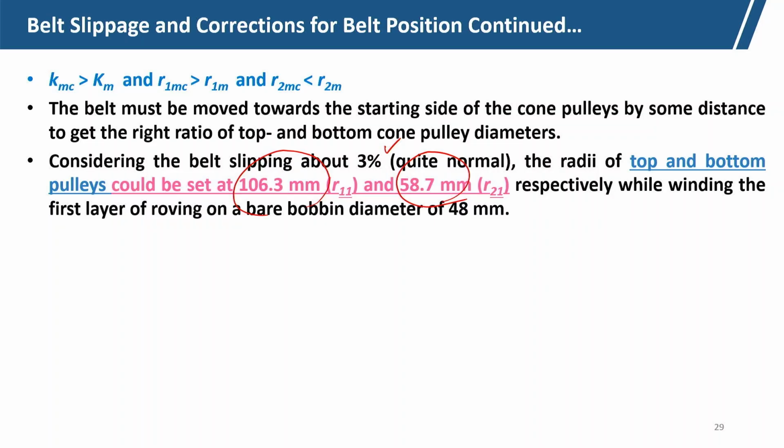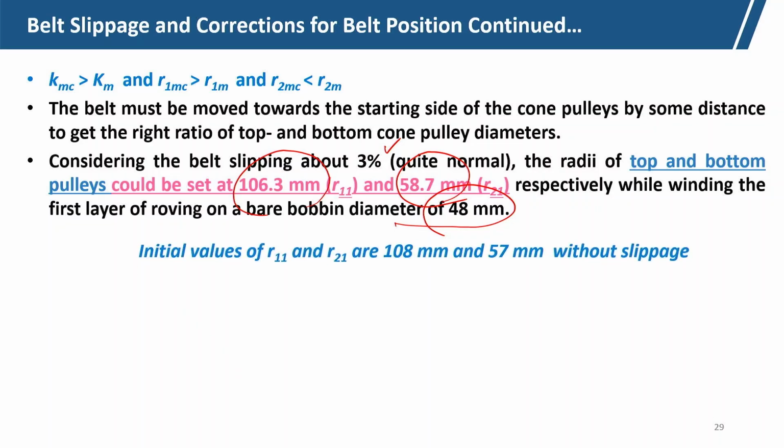So, that is a little bit of adjustment that has to be made manually, okay, where the bare bobbin diameter is 48 millimeter. So, that is assuming there is approximately 3% slippage. So, it may not always be correct. So, a little bit of trial and error can be done.